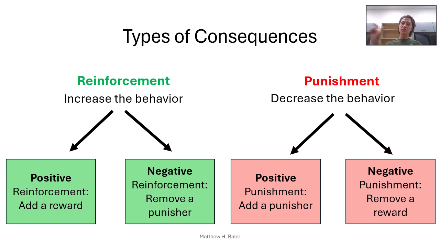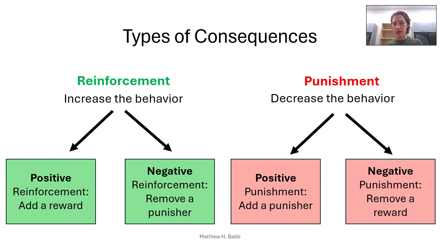Punishment, remember, the goal is to decrease behavior. Positive punishment is the classic example that everyone thinks of for punishment. It's adding something aversive, right? Spanking a child is an example of positive punishment. Shocking a dog collar is an example of positive punishment. You're adding something to stop the behavior from happening. Negative punishment is when you remove something rewarding.